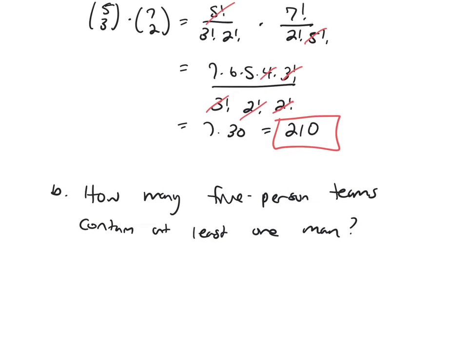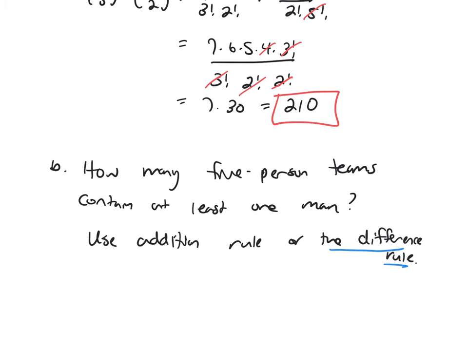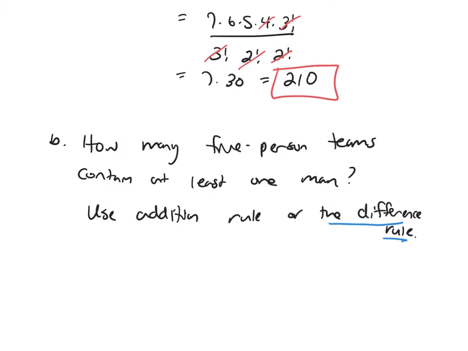So you have two options in how you do this problem. You can use the addition rule or the difference rule. The easier one in this scenario will be the difference rule, so that's the one I'm going to start with.